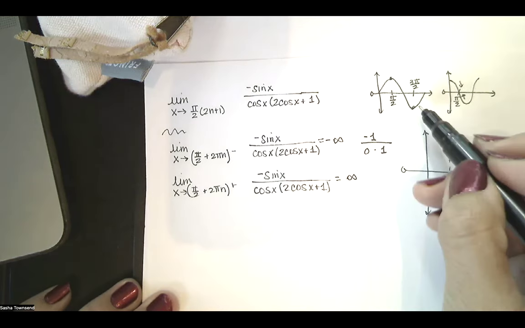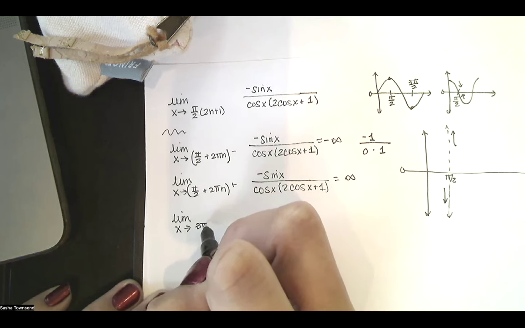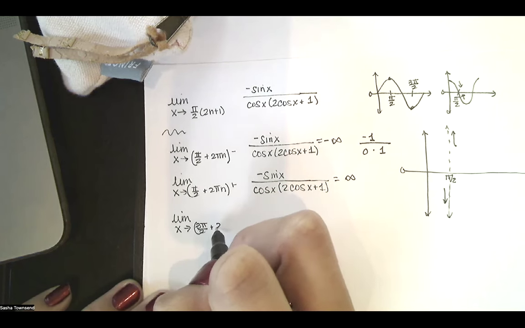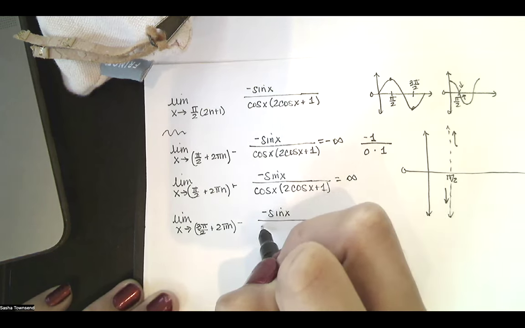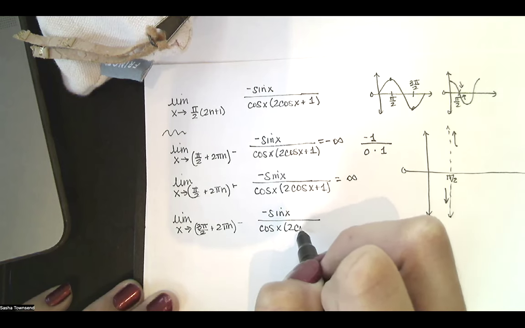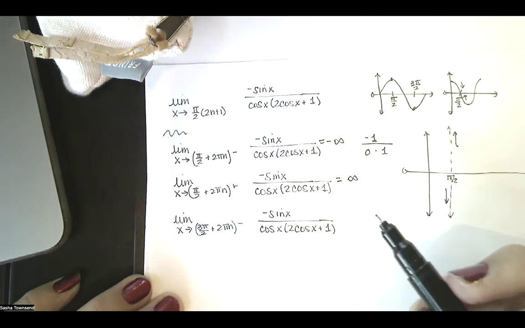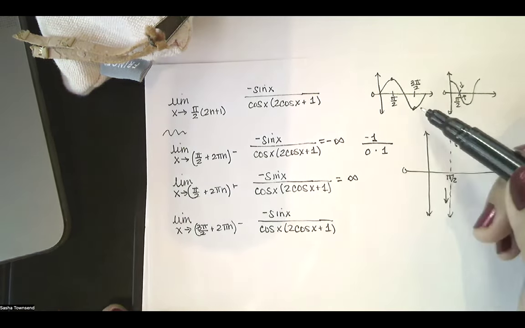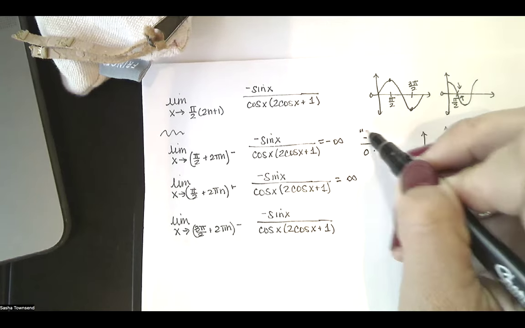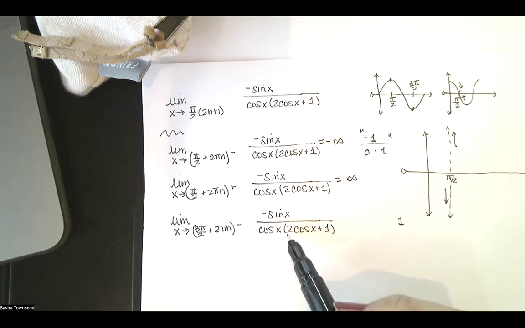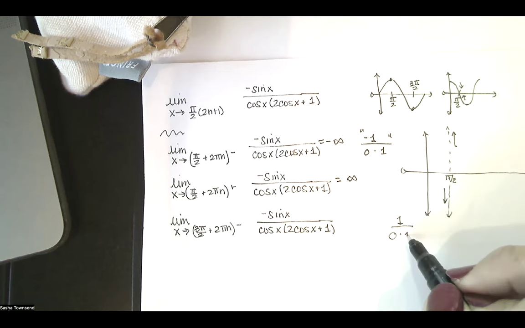And then at 3 pi over 2, we're going to have slightly different behavior. We'll approach from the left and the right. So our sine function is going to be negative 1 there. So a negative times a negative is a positive 1. And then this is approaching 0. And then this is 0 plus 1, so it's just a 1.